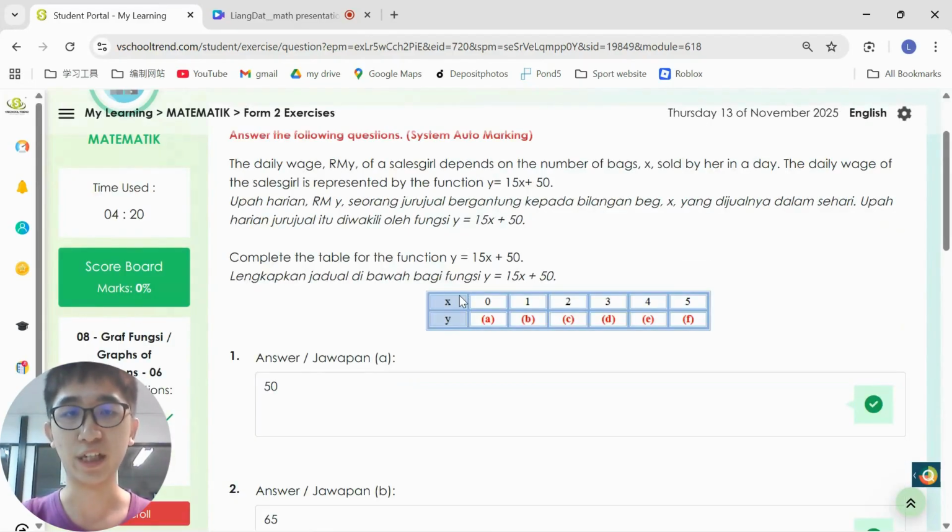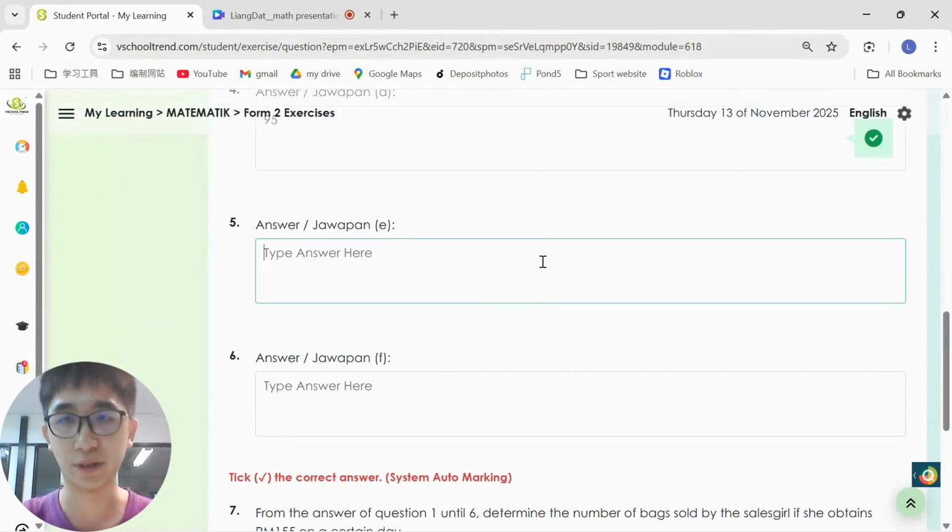When s is 4, 15 multiplied by 4 becomes 60, and then 60 plus 50 is equal to 110.